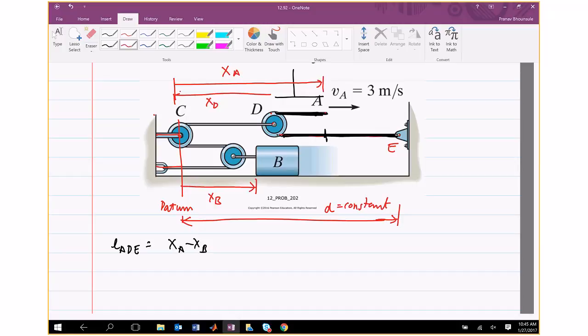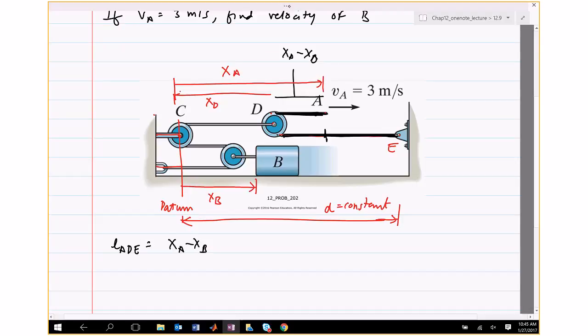So once I have D, can I now try to write the length of this cable? It's this length. So this thing is D and this is XD.